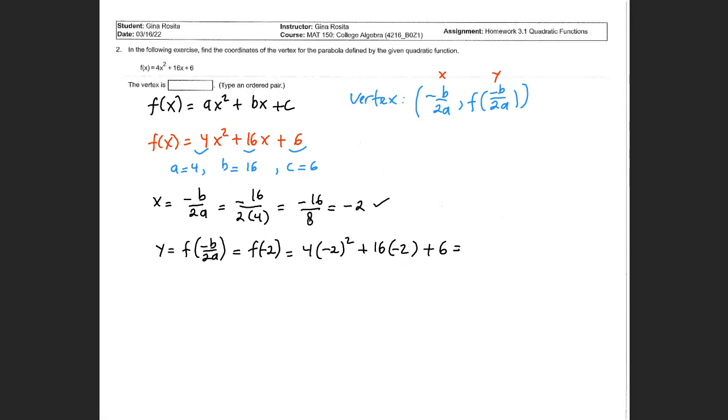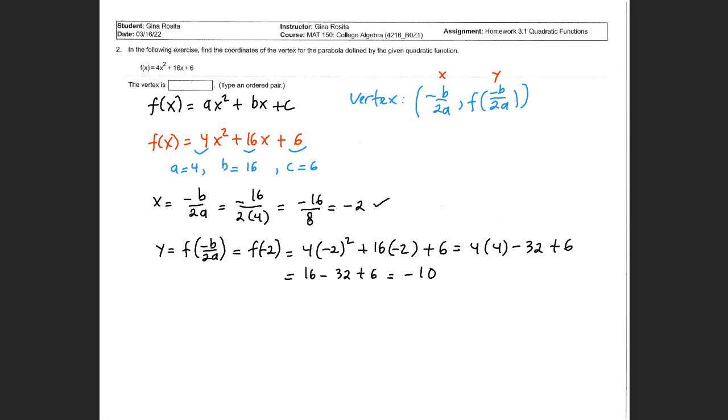So 4 times 4 is 16, 16 times -2 is -32, plus 6. So 16 - 32 + 6 is -10.